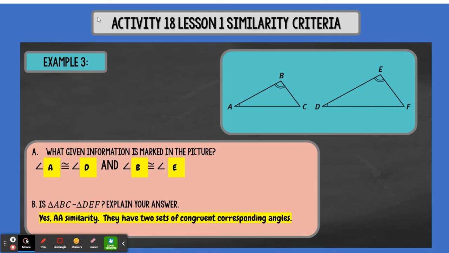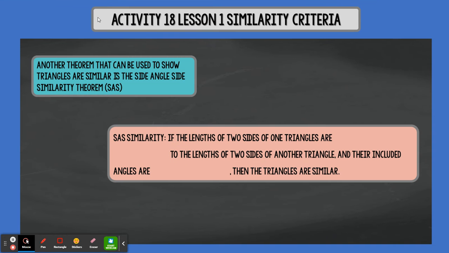Now, AA is the first one. The second one is SAS, side angle side. Now, again, this is not the same as side angle side congruency. This is side angle side similarity.